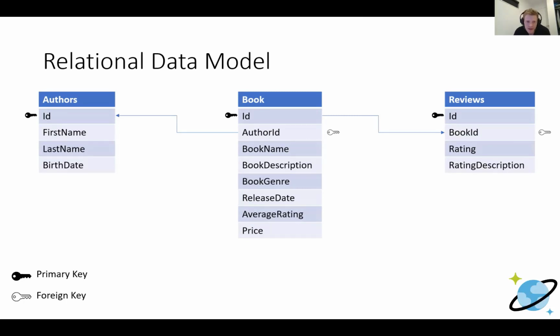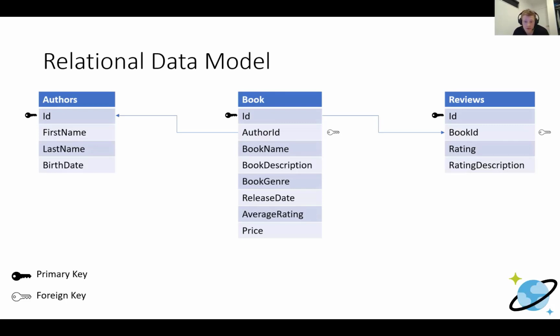So let's say we have a bookstore, and usually with relational data stores, we would normalize our data and break each entity into discrete components. So for example, we've got a book here that can have an author, books can have many reviews, or authors can write multiple books. And the idea here is that we're normalizing our data to avoid storing redundant data.